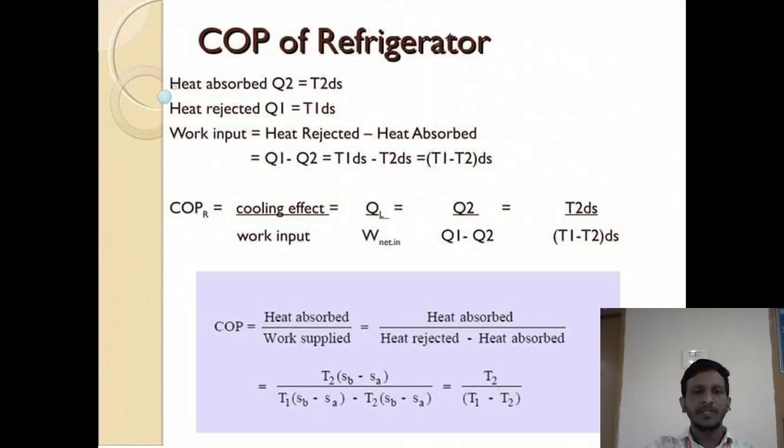The work input is the difference between the heat rejected and the heat absorbed by the refrigerant. Work input is derived as Q2 minus Q1, where Q1 is the heat absorbed by the refrigerant on the cold medium side and Q2 is the heat rejected on the hot medium side. So work input equals heat rejected minus heat absorbed.